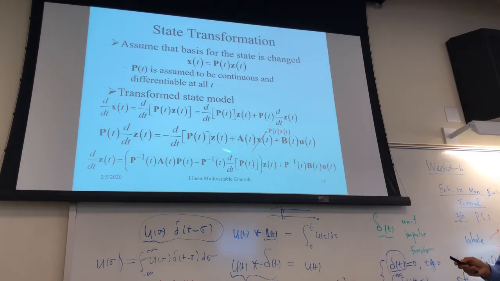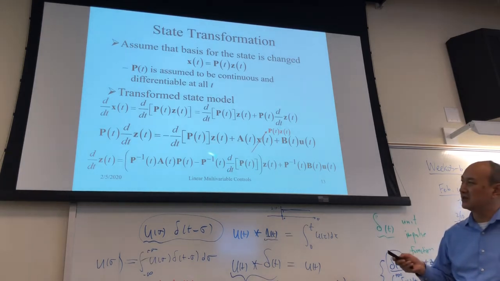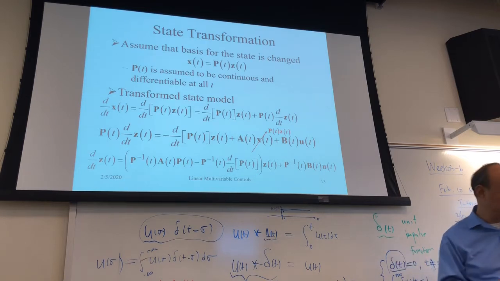Here you have z. So this is like transforming the A(t), not only just transformation of A(t), but also the P itself. Of course, when P is a constant, this term is 0.